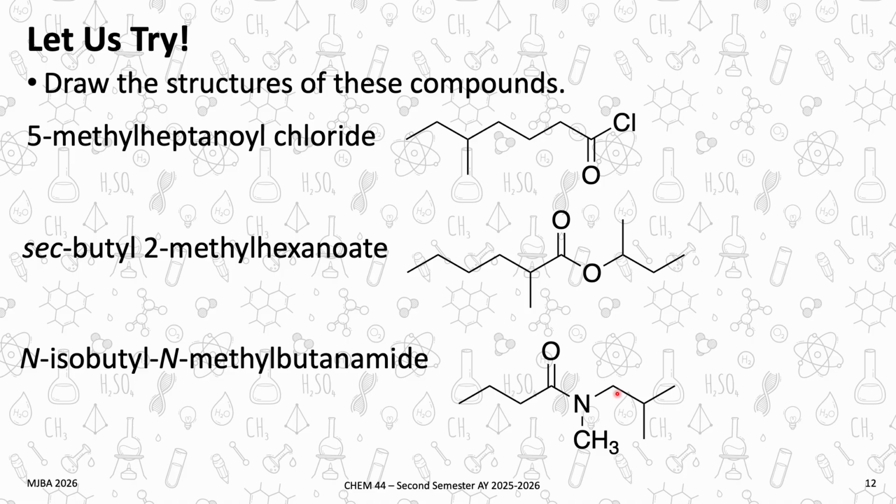So one more carbon here, which is a CH2, and that's the one directly attached to the nitrogen. And then we have butanamide, so that's 4 carbons, 1, 2, 3, and then 4. Carbon position 1 for the acyl. So this is the N-isobutyl N-methyl butanamide.